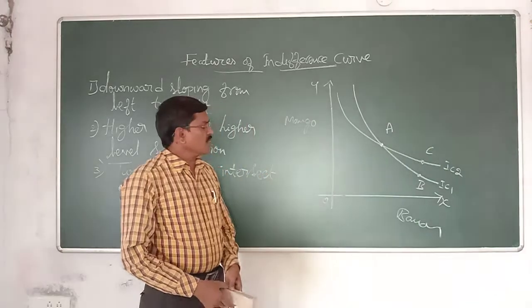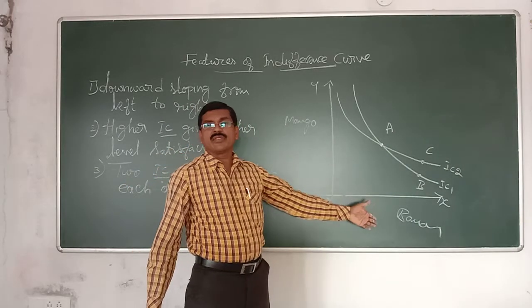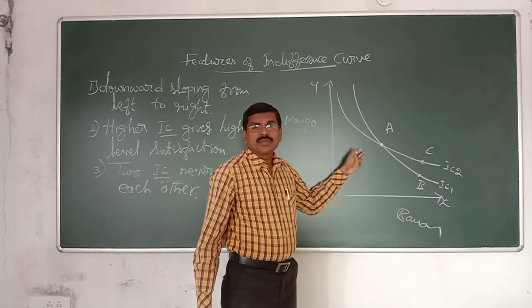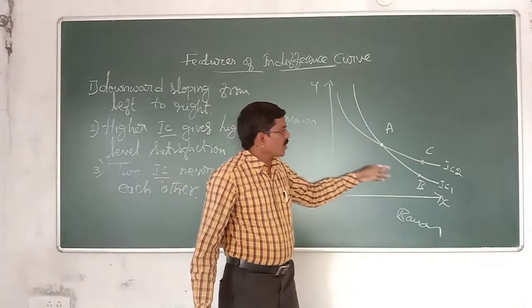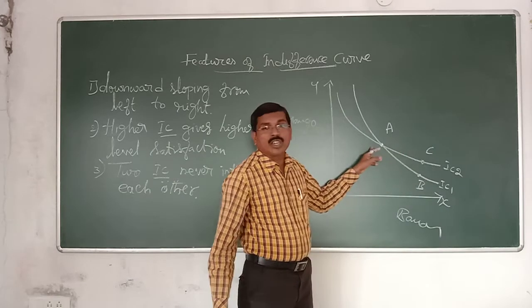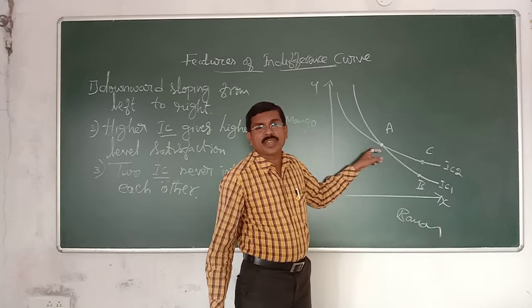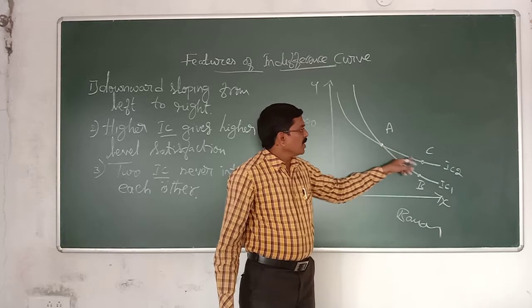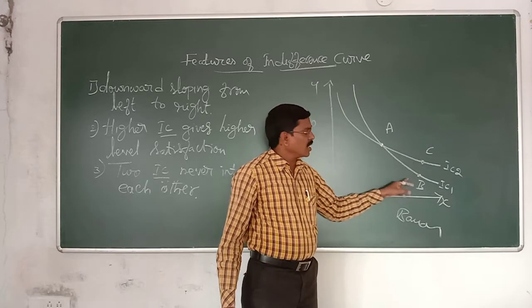See here, in this diagram, on the OX axis we measure banana, and on the OY axis we measure mango. Here we see that two indifference curves, IC1 and IC2, intersect at point A. Here we also have the C combination and the B combination.